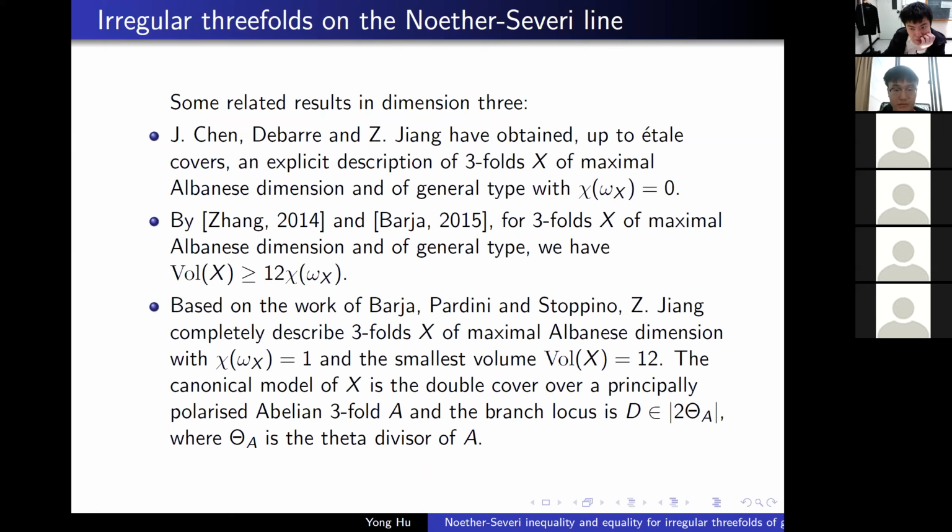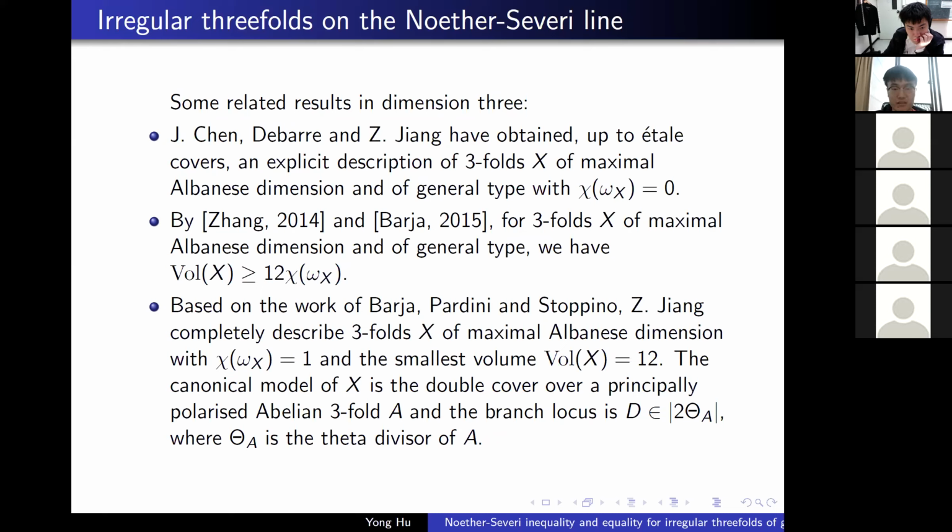When X is of maximal Albanese dimension, by the generic vanishing theorem, we know that χ(ω_X) is larger than or equal to 0. Then Kollár asked: if we suppose furthermore that X is of general type, is it possible that χ(ω_X) must be larger than 0?